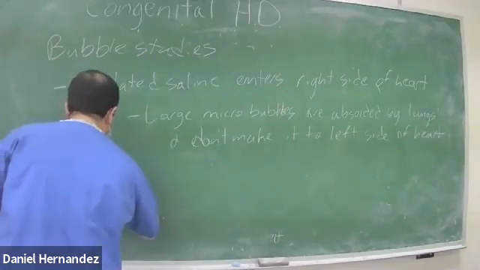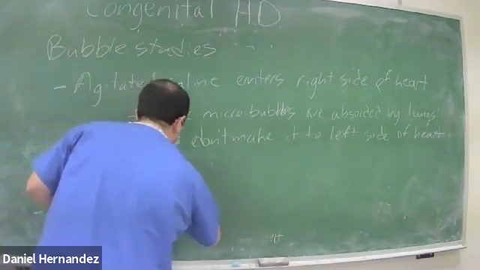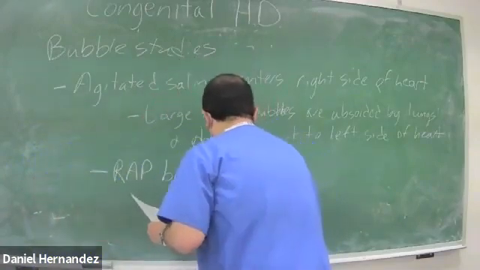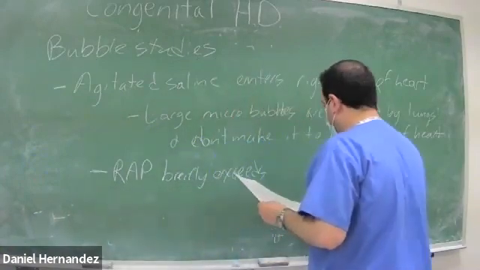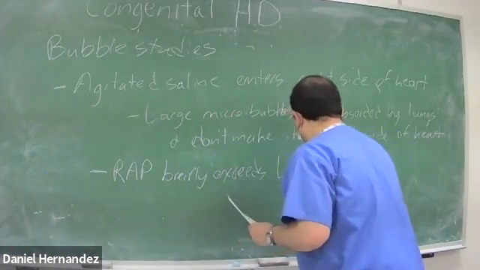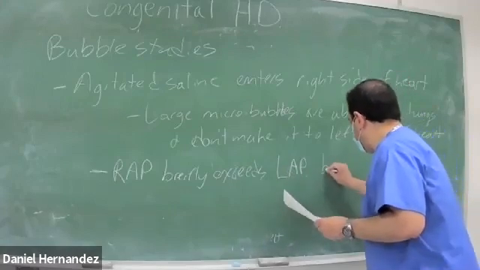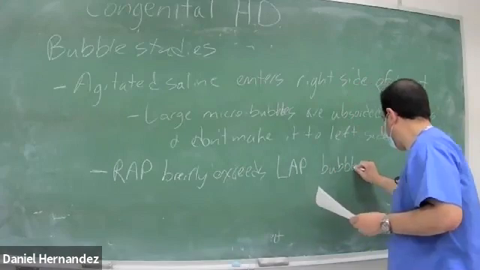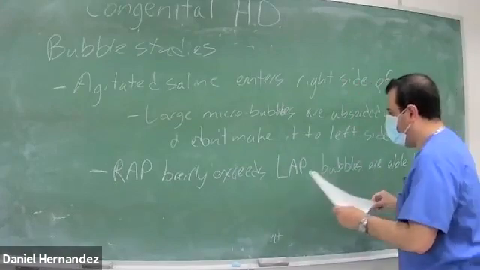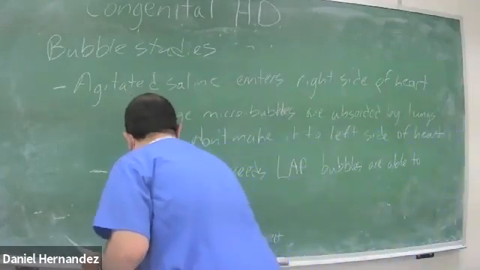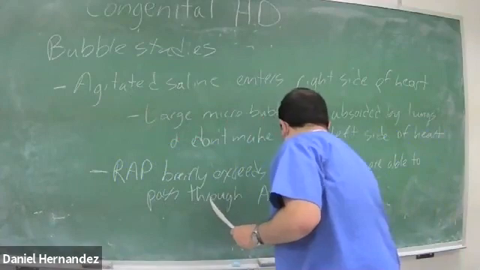So if right atrial pressure briefly exceeds left atrial pressure, bubbles are able to pass through the ASD.